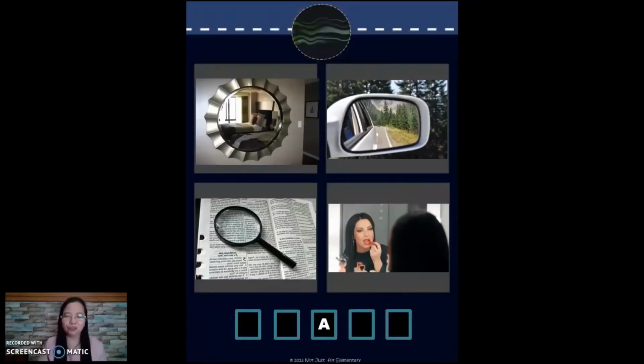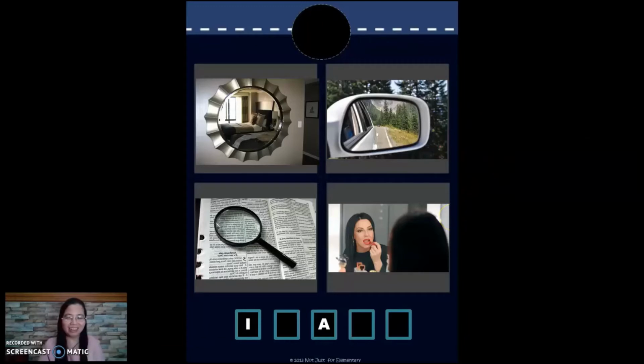You have 4 photos here. What do you think is the common thing among these 4? Can you spot the similarities? I'm giving you 5 seconds to think of the word. Time's up. What could that word be?